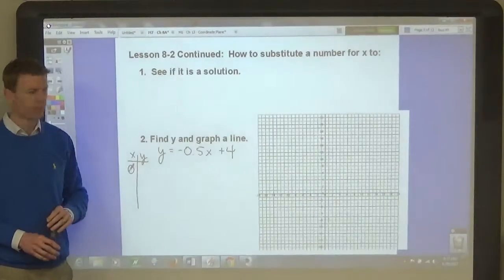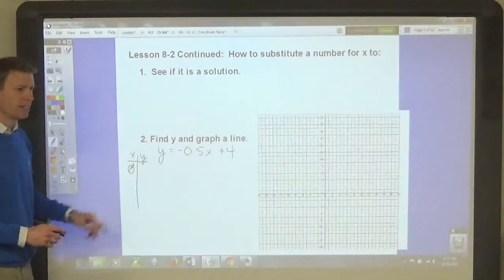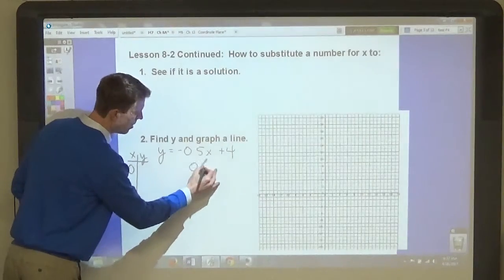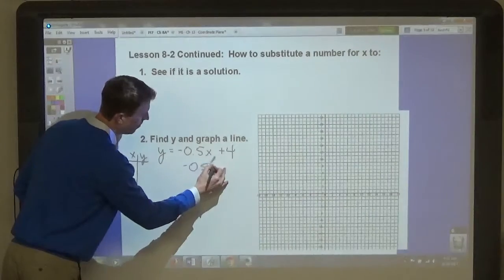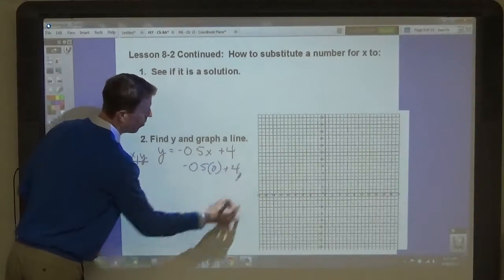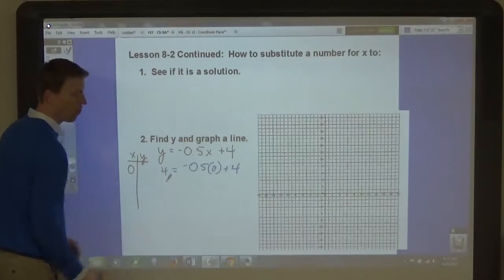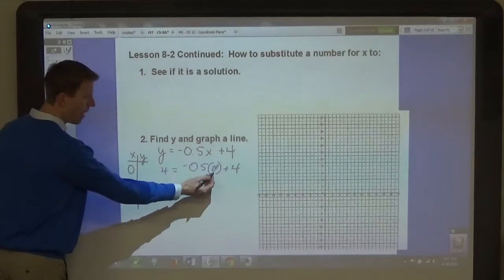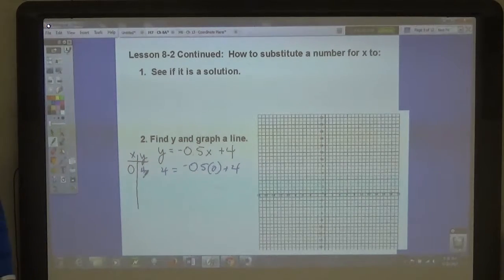Okay? So let's put in 0 and get the y number. Negative 0.5 times 0 plus 4 is equal to 4, right? So put in 0 for x, and that gives you y is 4.